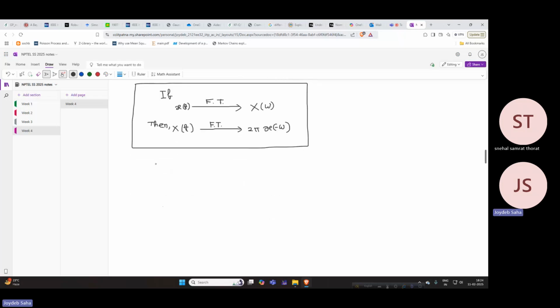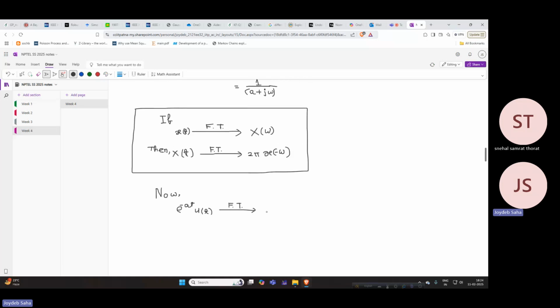So now we will use the same duality principle here. e to the power minus at u(t), its Fourier transform, we are getting 1 upon (a plus j omega).